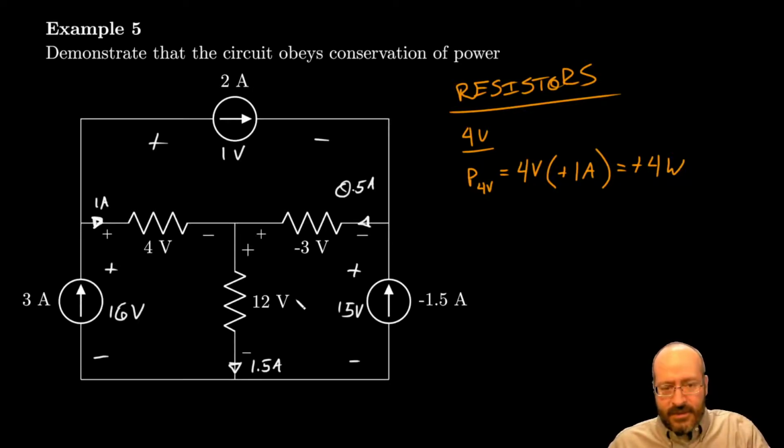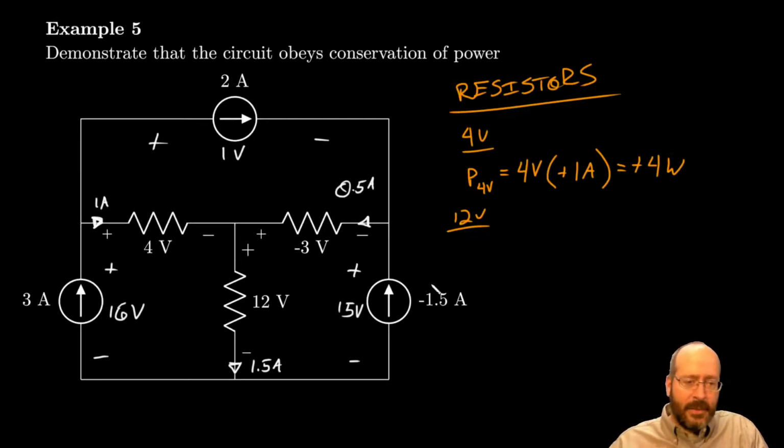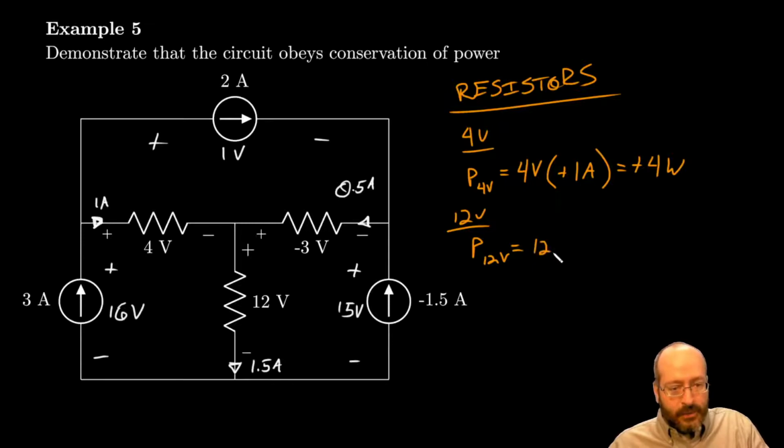Let's take the 12 volt. I think that's going to be a similar type of thing here. Think about the positive current direction while I'm talking here. What's the positive current direction for the 12 volts? I'm going to take that 12 volts. I'm not going to take any sign with it. Now I'm going to come over here and say, well, positives here, negatives here. The positive current direction is going to go down.